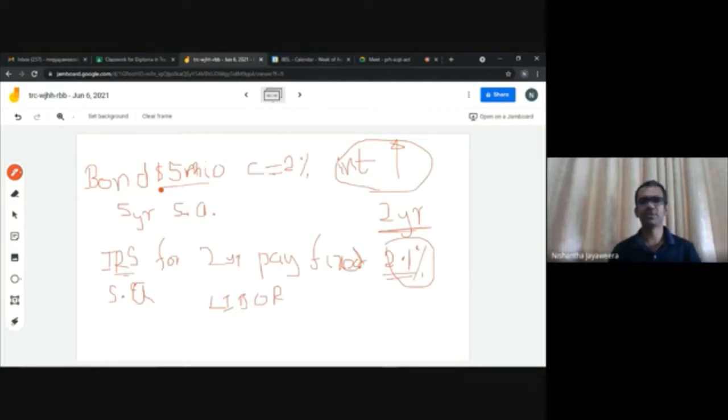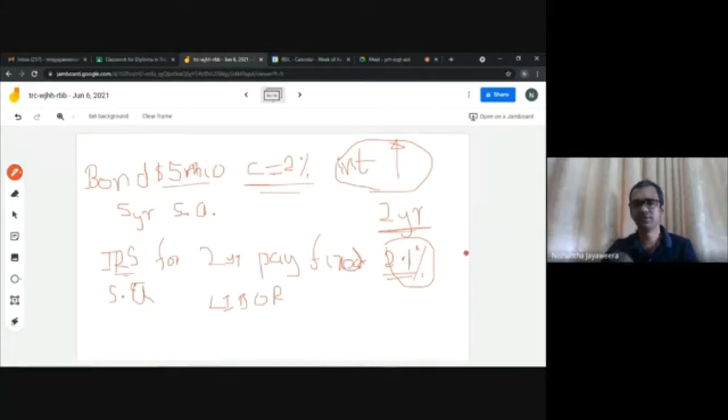Even you forget about the price change, from coupon wise, you enhance your income. You receive 2% on this bond, and you receive additional amount on this difference between the fixed rate that you agree and the LIBOR rate.